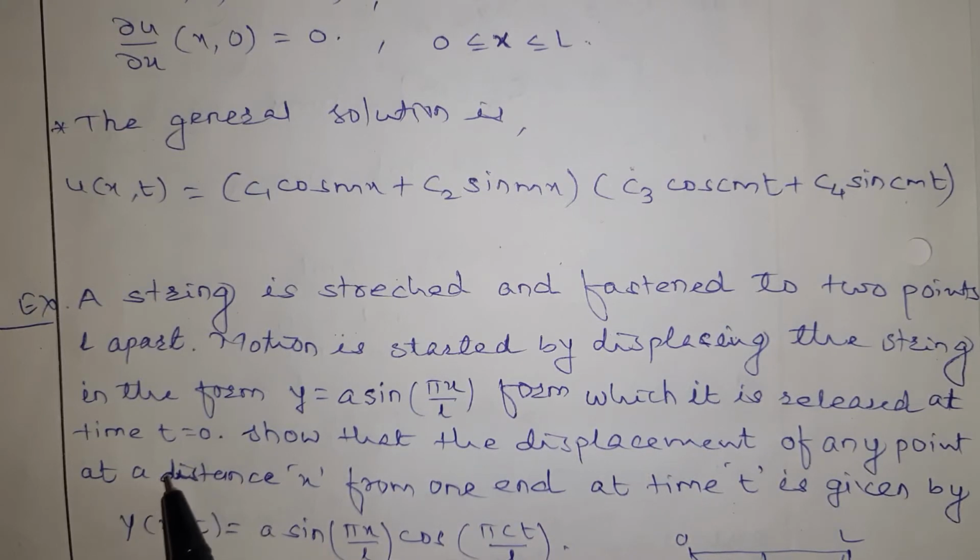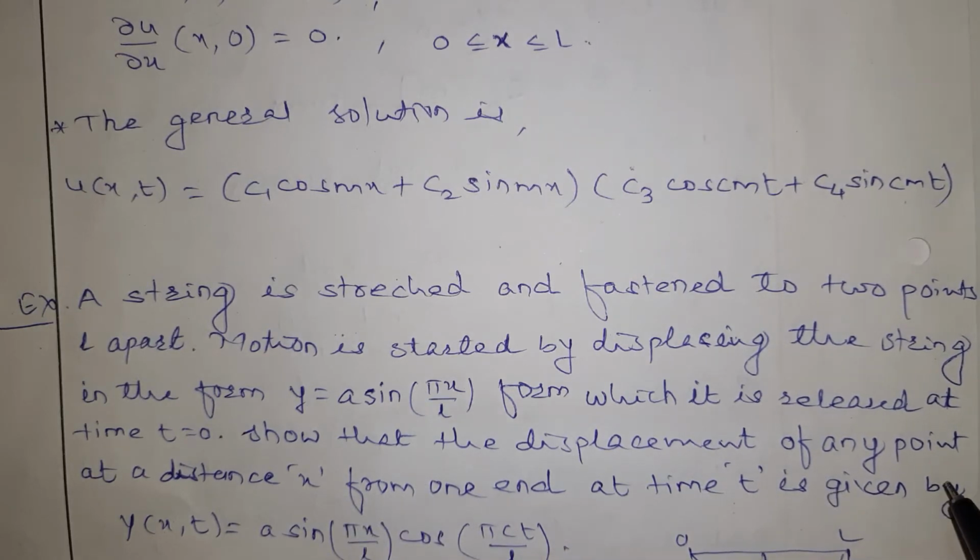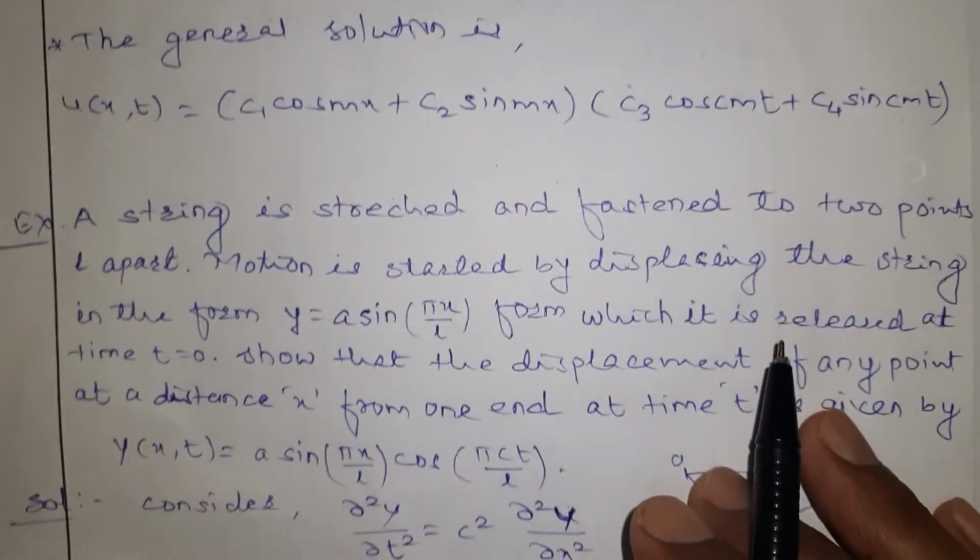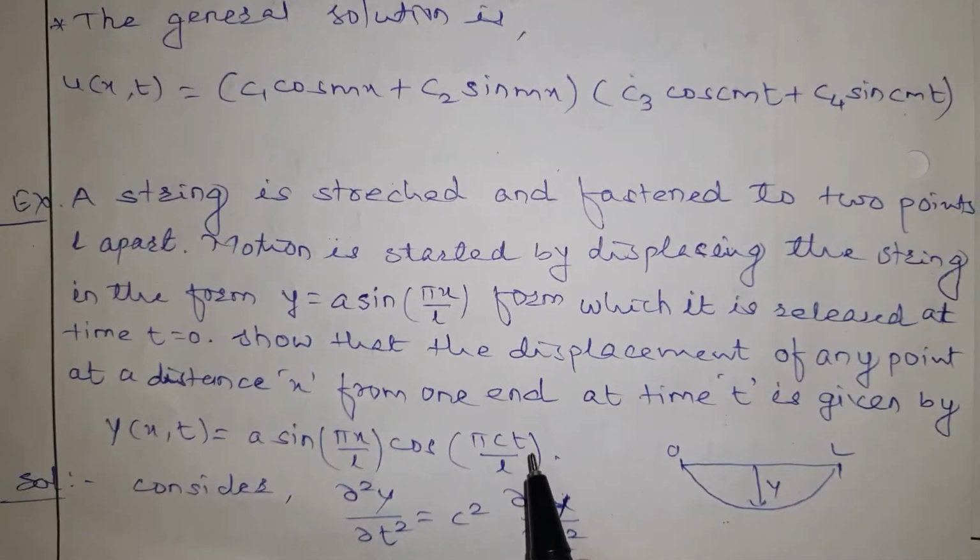So at t equal to 0, y is equal to a sin pi x upon L. Show that the displacement of any point at a distance x from one end at time t is given by y of xt is equal to a sin pi x upon L cos pi c t upon L. So this we have to show, the answer is this one.